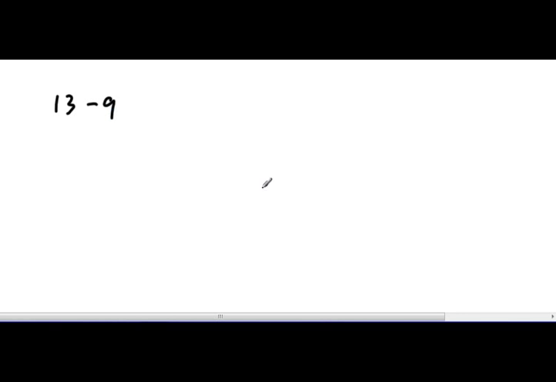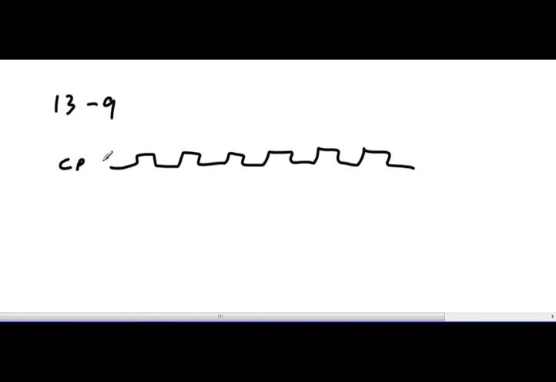Okay, how many flip-flops? So we got the clock pulse doing this. So this is the clock pulse. And 0, 1, 2, 3, 4. And then we have the Q doing this.